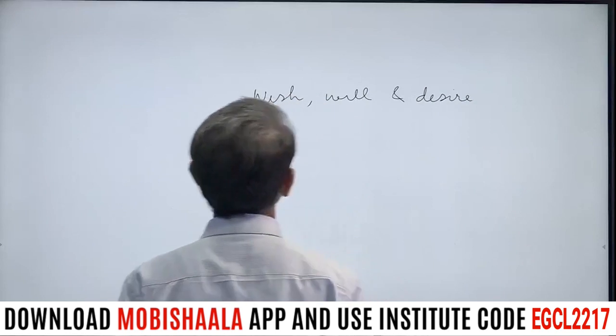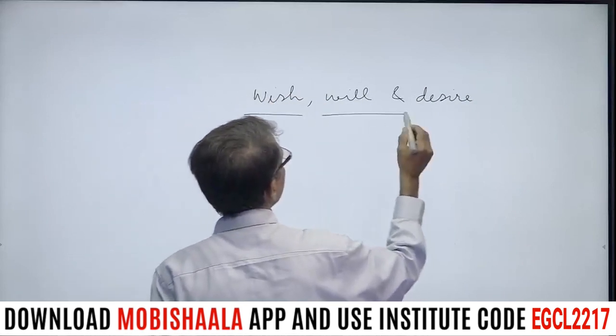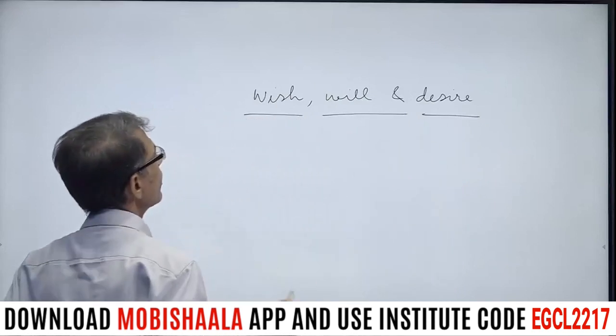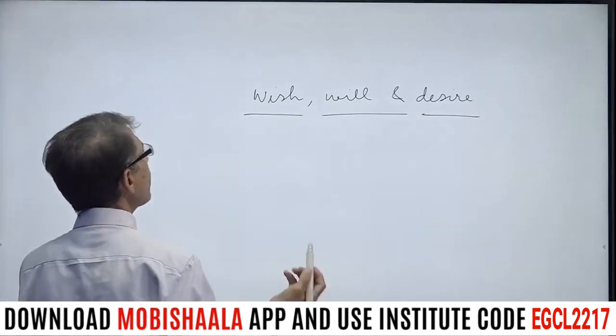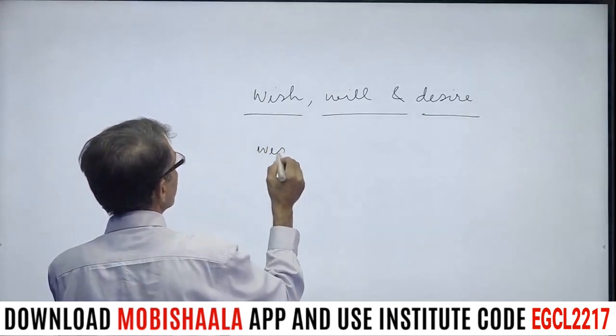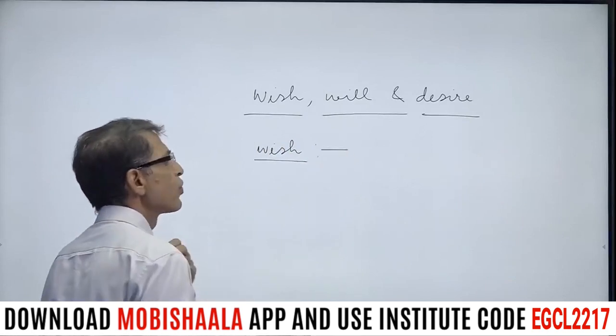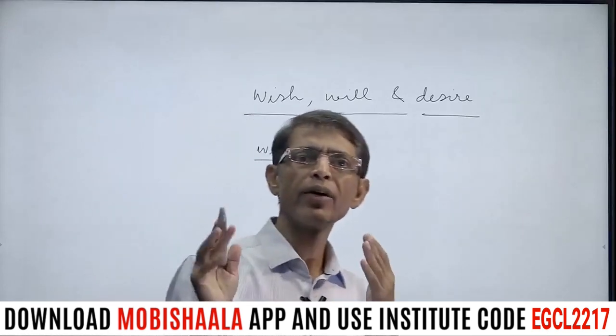Try to understand what is wish, what is will and what is desire. Desire we have discussed already. Now the question is, what is wish? Wish is one single dominant desire.